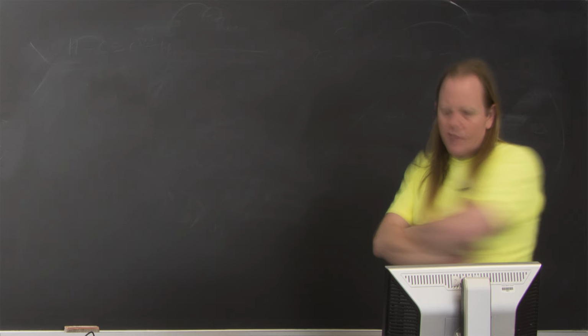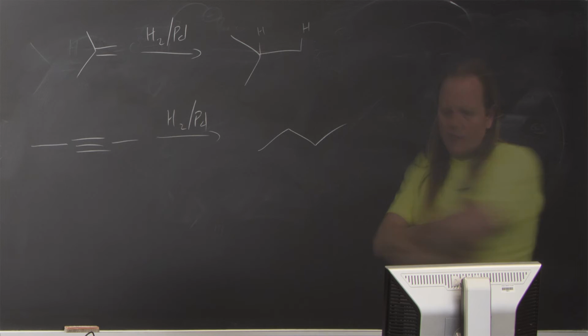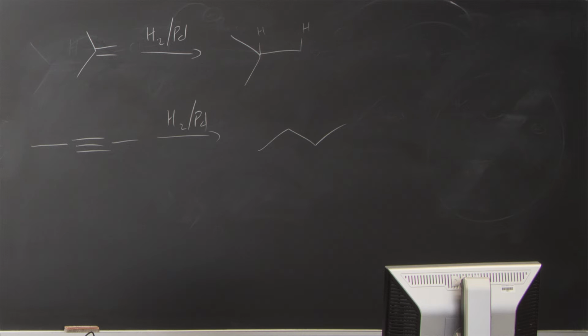So we don't have that type of loaded example that we can use to demonstrate the mechanism of addition quite as easily as we did for the alkenes. But what we do have is the ability to stop some reactions along the way. The most famous of those is how we get to an alkene from the alkyne.